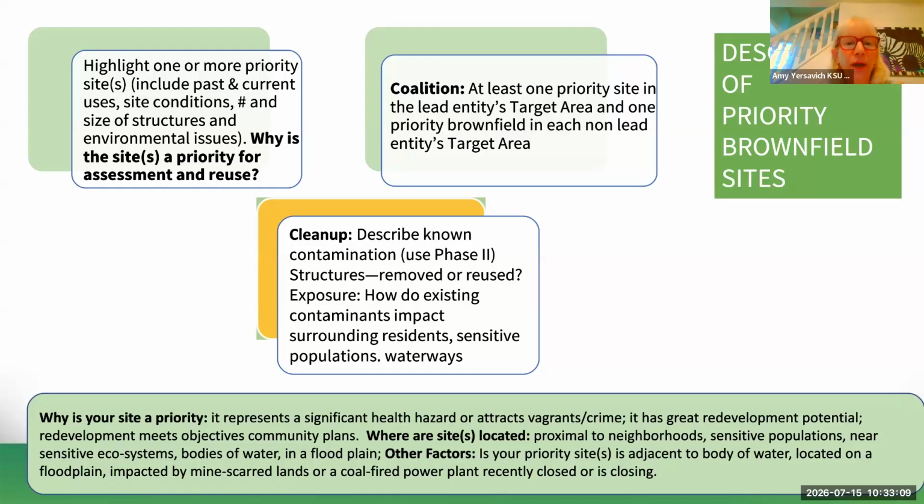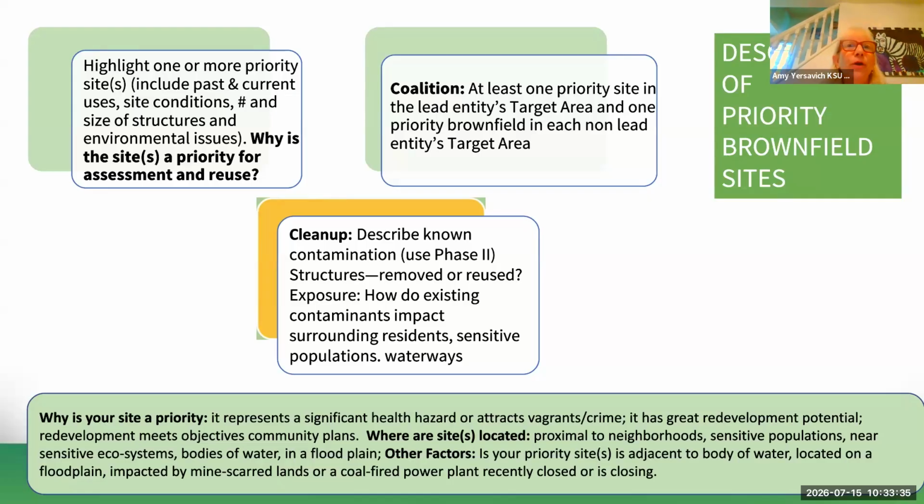And with a coalition, you want to have at least one priority site in the lead entity's target area and one priority brownfield site in each non-lead entity's target area. So you want to make sure that you have at least one. I would recommend, even with community-wide assessment, having more than one, but you don't want to have 10.